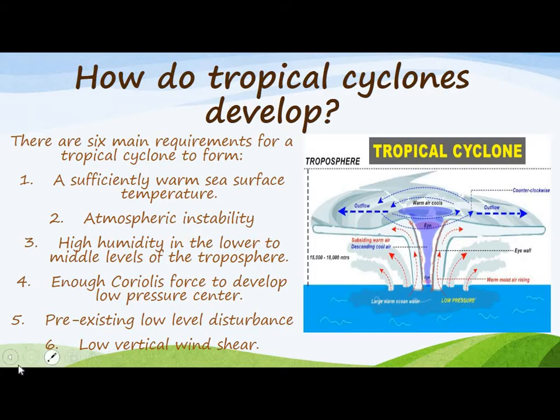Ibig sabihin, gaya nga nasabi ko sa inyo, di ba, ang mga bagyo ay nabubuo sa karagatan. Bakit? Kasi nga, the more na umiinit, no, nagkakaroon ng maraming moisture doon sa lugar, no, na kung saan possible na directly tinatamaan ng araw, so mas dumadami yung moisture, nag-evaporate yung tubig, no.